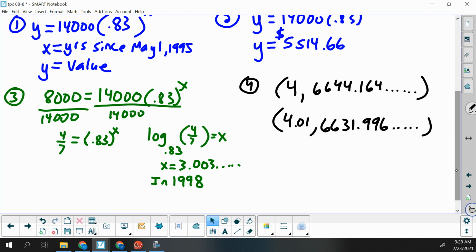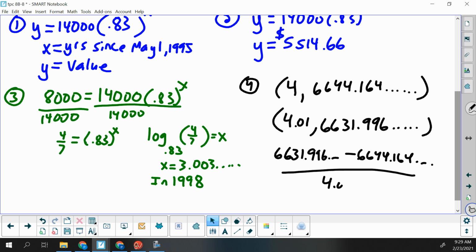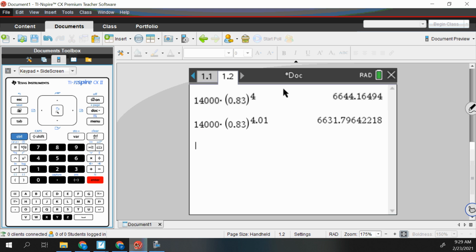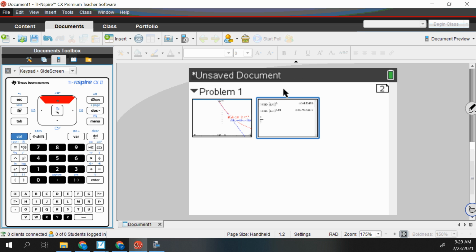Well, now we need to do our change in y over change in x. We'll do 6631.796 dot dot dot minus 6644.164 dot dot dot over 4.01 minus 4. So on our calculator, let's do our control divide to get our fraction.